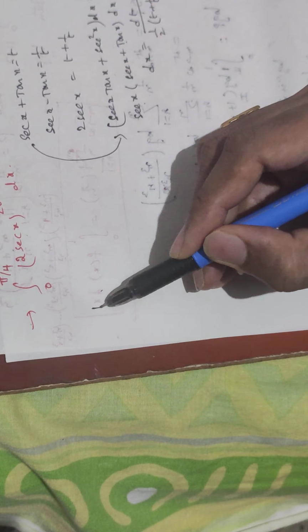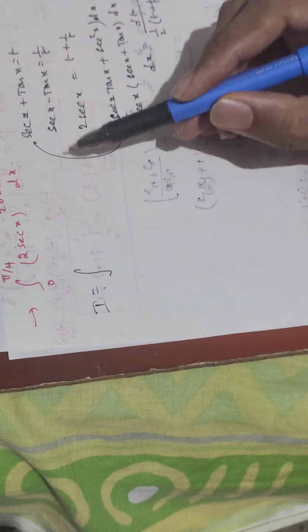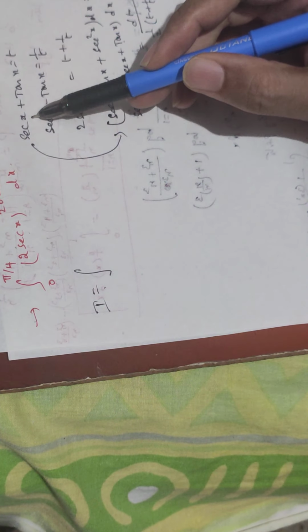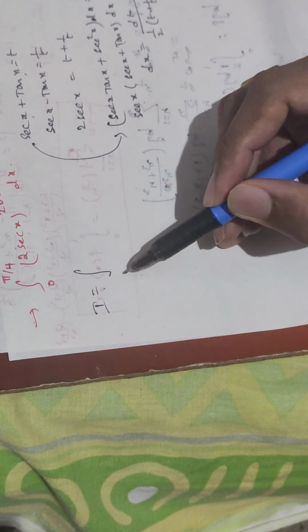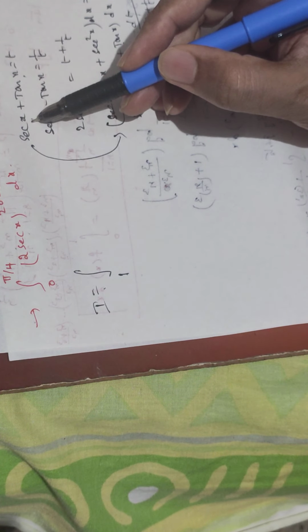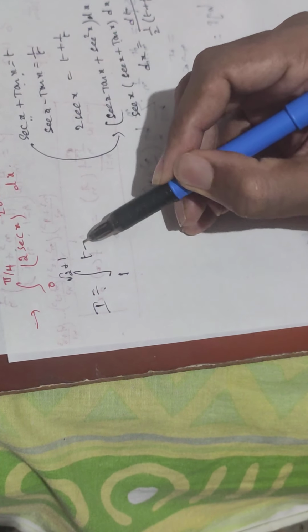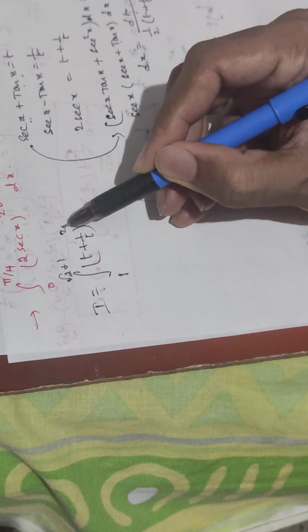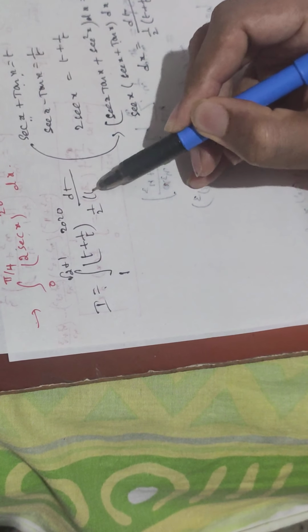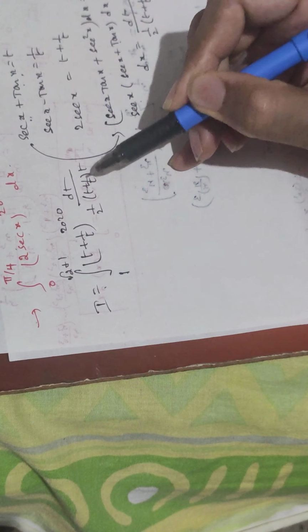Now put all these values here. I equals, changing the limits: for lower limit, secant 0 is 1, tan 0 is 0, so 1. Secant pi by 4 is root 2 plus tan pi by 4 is 1, so it will be root 2 plus 1. What is 2 secant x? t plus 1 by t whole power 2020, and dx is dt by 1 by 2 into t plus 1 by t into t.